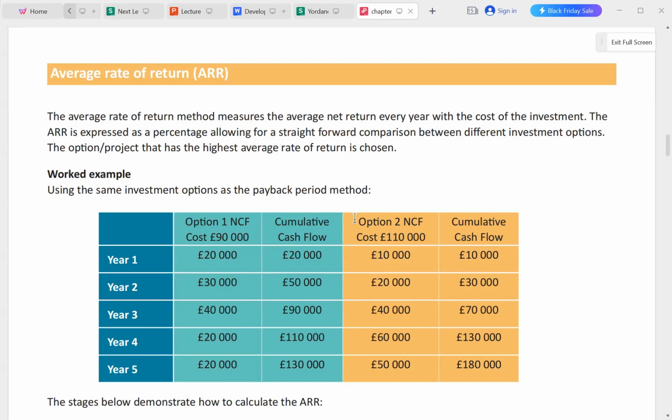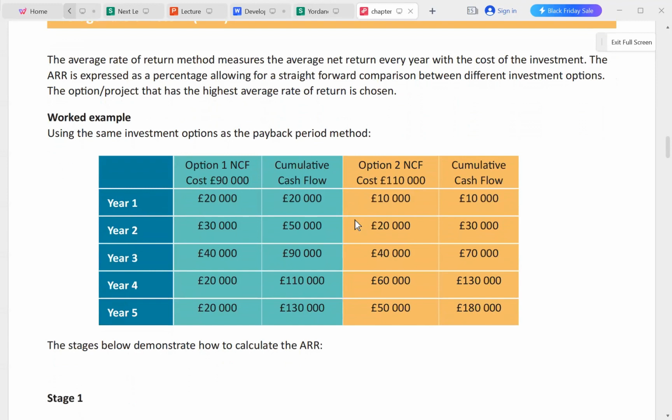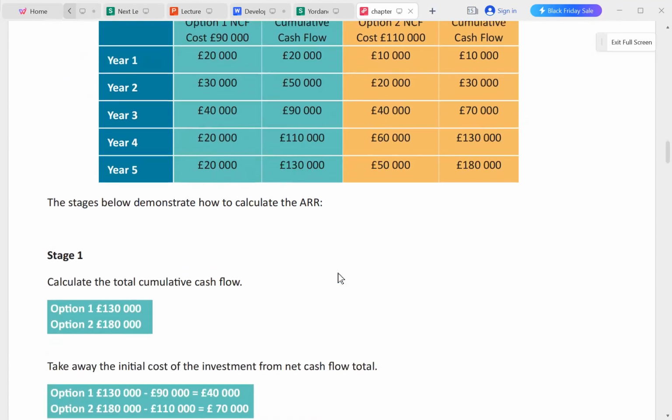Here we have another example, taking the same scenario of the 90,000 investment and the 110,000 investment. We did the 90,000 investment the same way as in the previous payback period method. Then let's go to the next option.